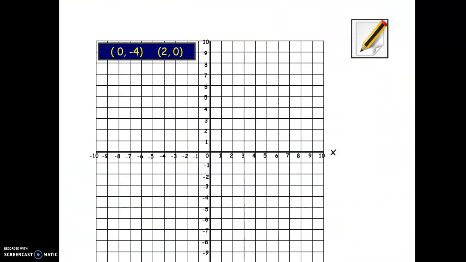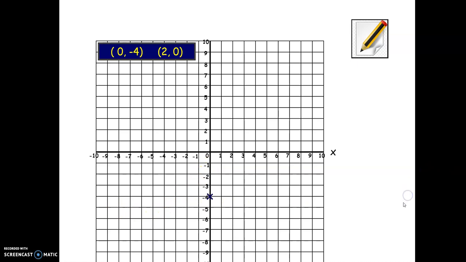Okay, so our coordinates were 0, -4 and 2, 0. Remember, when you plot a coordinate point, you start at the origin, which is in the centre. You go horizontally first and then vertically. So 0, -4 is telling us to start at the origin, go 0 along, and go 4 down.